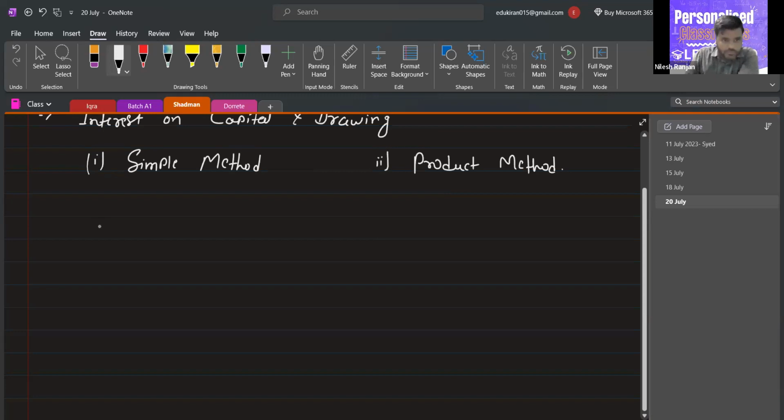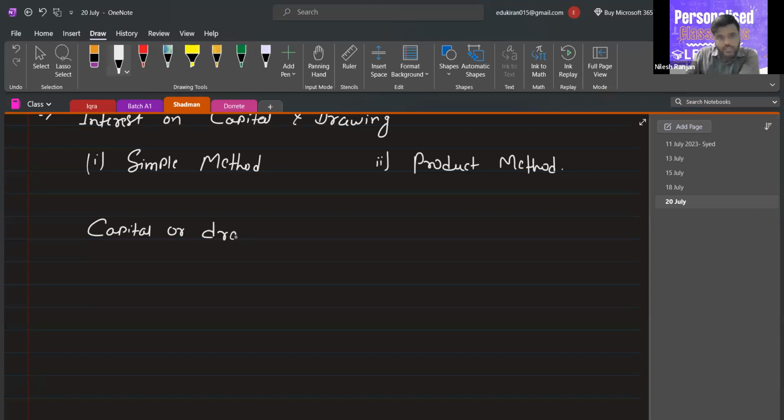Actually, if capital or drawing is introduced or withdrawn once in a year, then we can use simple method. Okay, it is very easy to calculate.